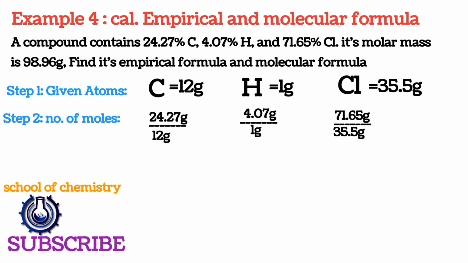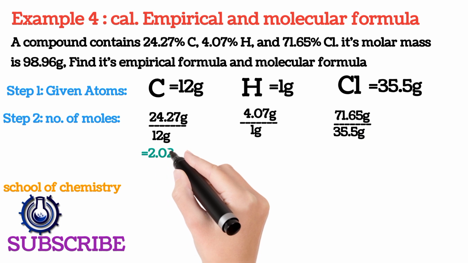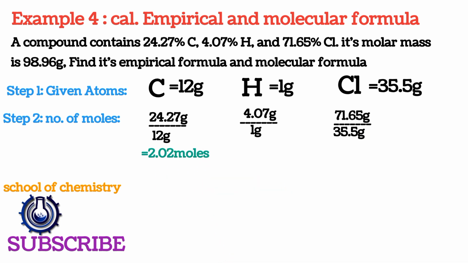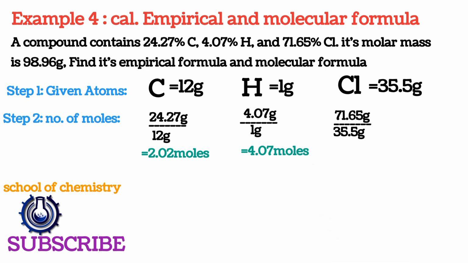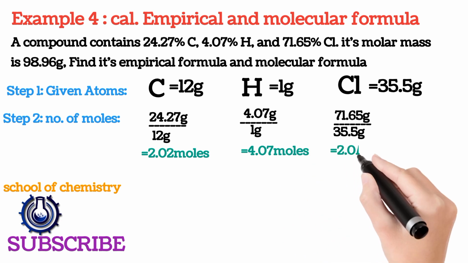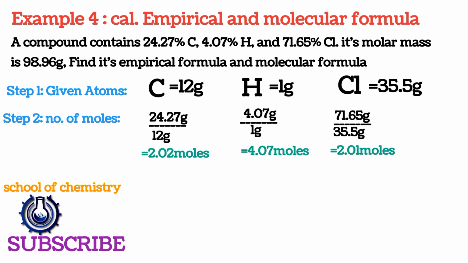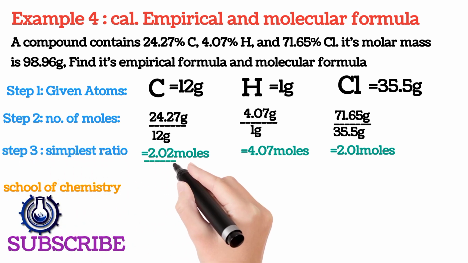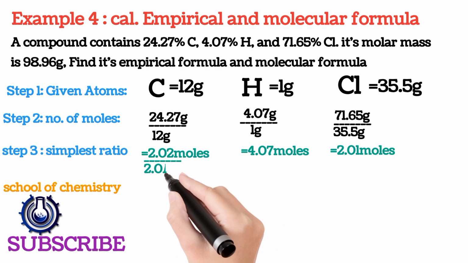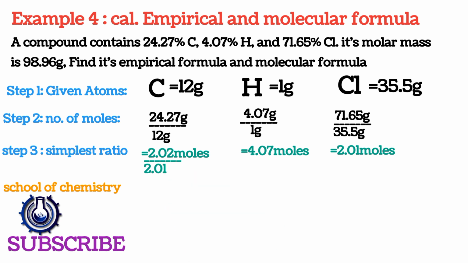This will give us 24.27 divided by 12 gives 2.02 moles. 4.07 grams divided by 1 gives 4.07 moles. And 71.65 divided by 35.5 gives 2.02 moles. Step 3, we find the simplest ratio by dividing through by the smallest number, and that is 2.01.